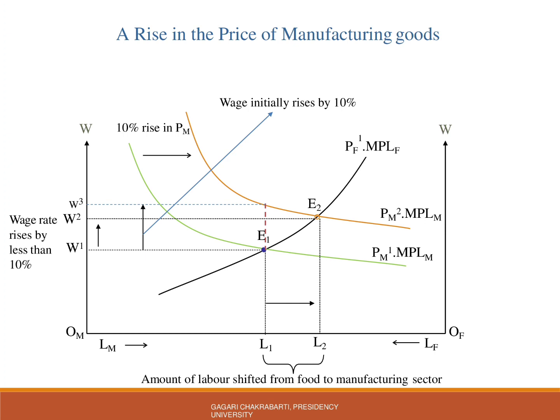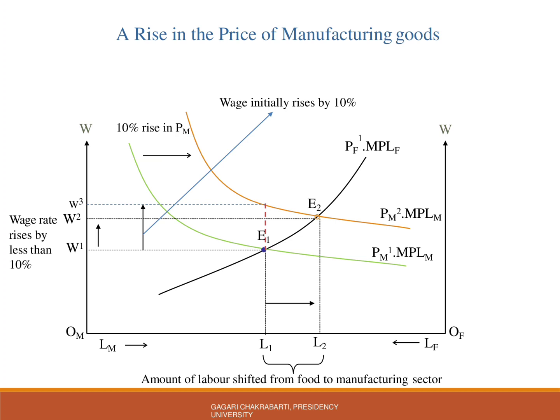However, this increase in the wage rate is less than 10% for a simple reason. If initially the employment of labor remains unchanged at L1, then in the food producing sector, the wage rate will remain unchanged at W1. However, in the manufacturing sector, the wage rate will rise exactly by 10%, so that it will be at a point like W3, which is read from the point S on the figure.